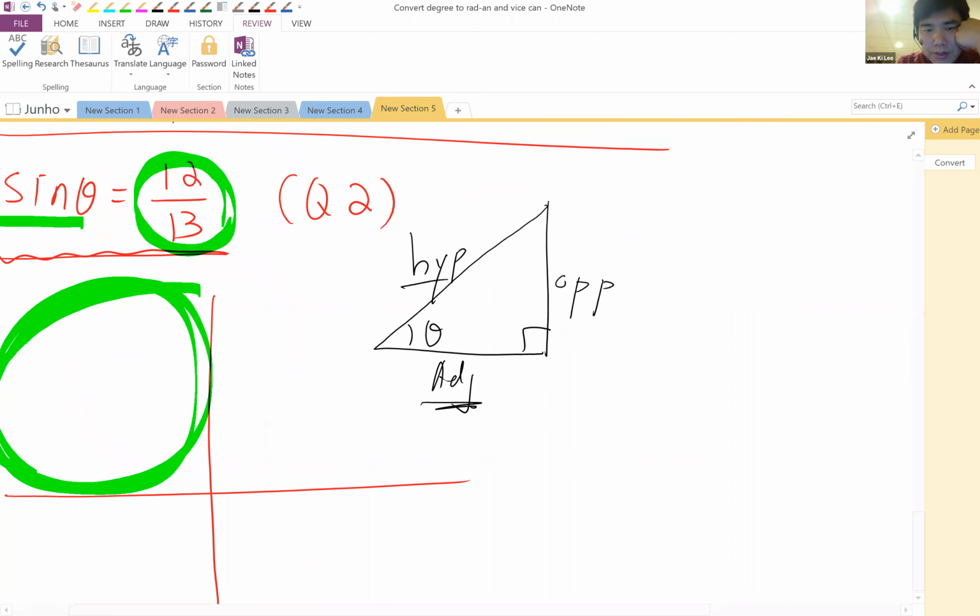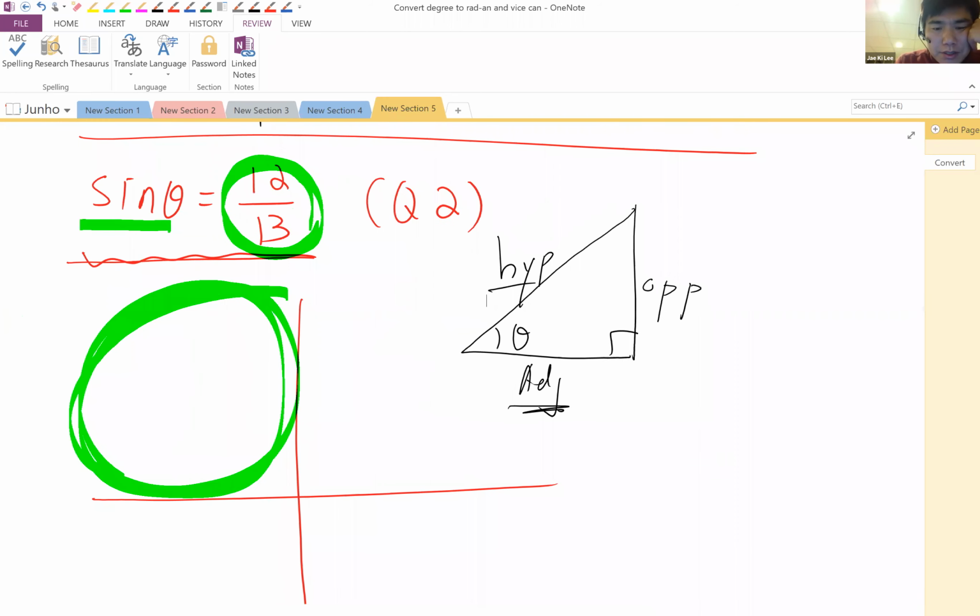So based on that, this becomes 13, this becomes 12. Make sense to you?